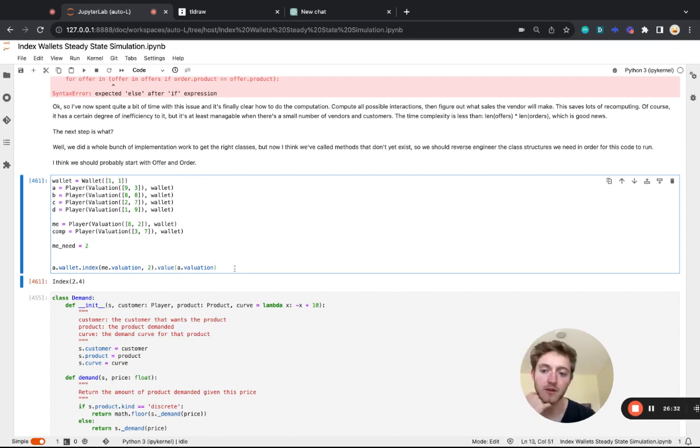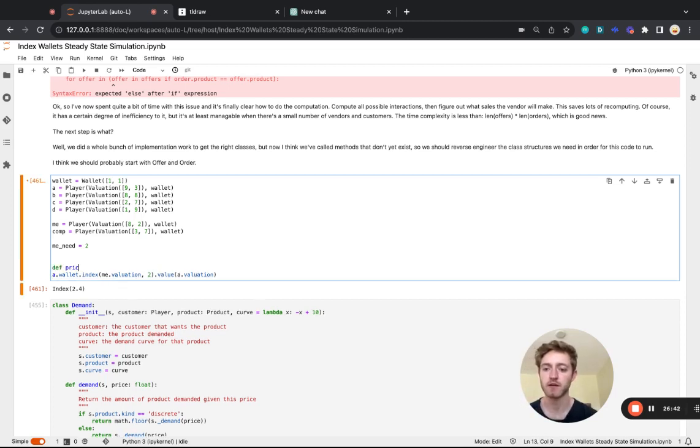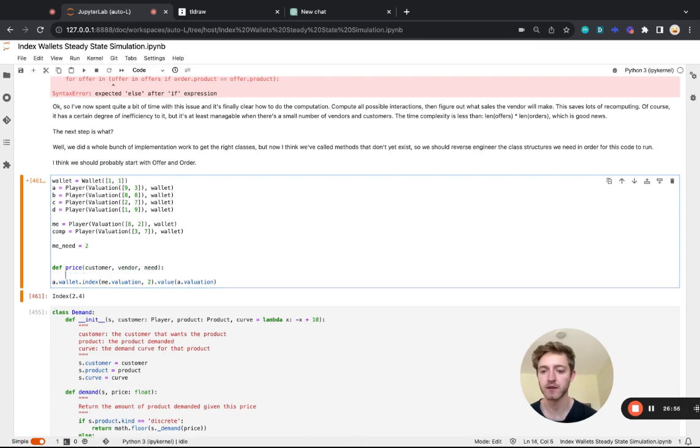the price according to A. And we can now do this for everyone. So let's do a function called price. Let's say the customer is the first argument, and the vendor is the second argument, and I guess the need is the third argument.